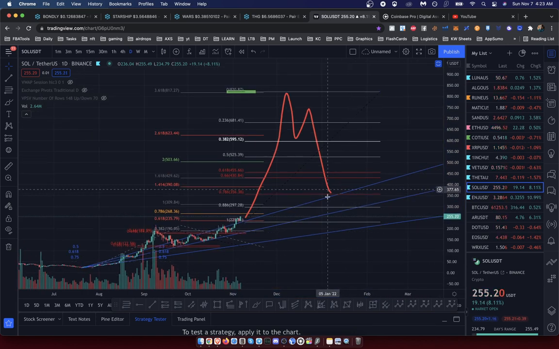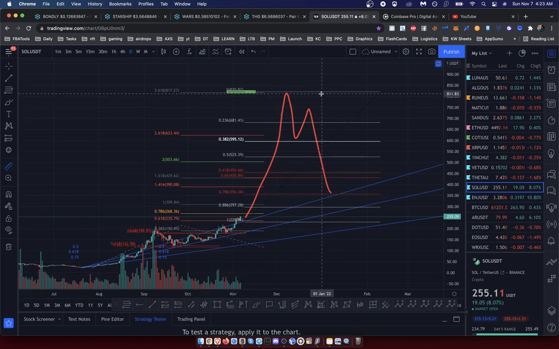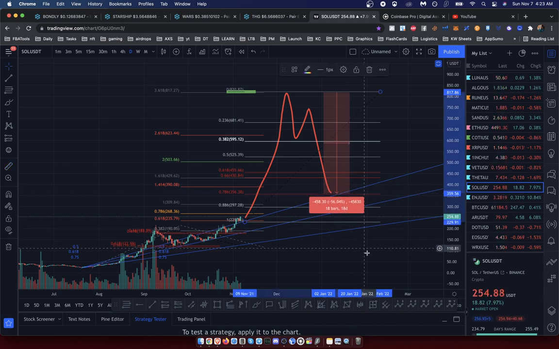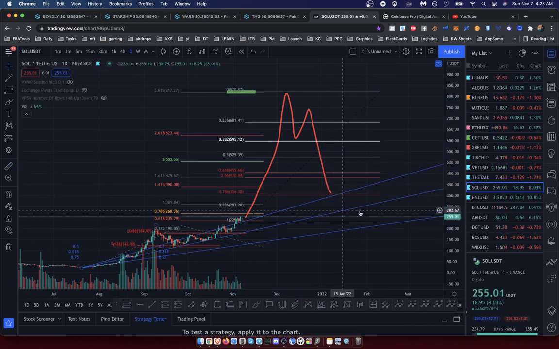Usually in a bear market, you're going to see things hit the 786. So that would still be a drop of 55%. Now, yeah, it might go lower, but it would be really interesting to see something like this.